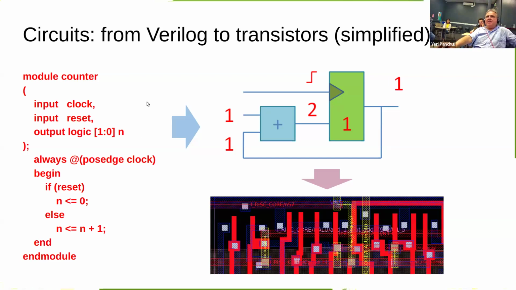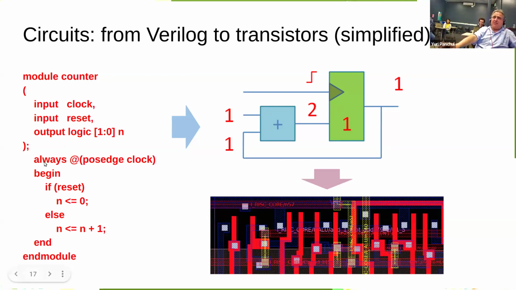And many of them were essentially different parts of this picture. In this picture, you write code. This code has a module which has input ports like clock and reset, and output ports, just two wires, which give you a number.